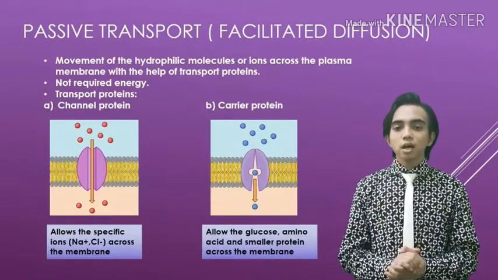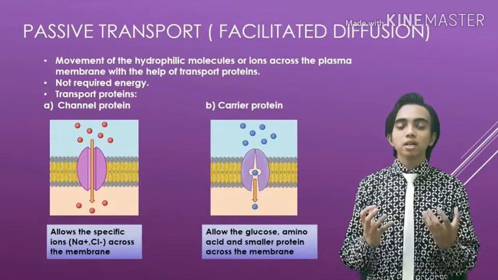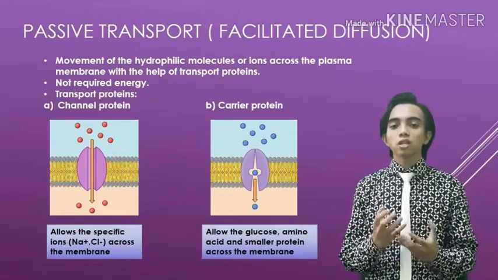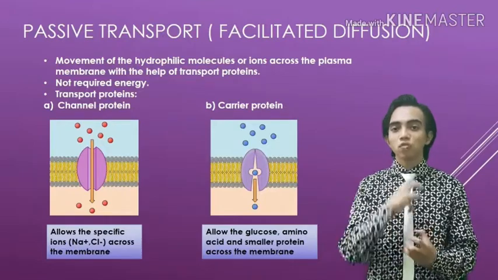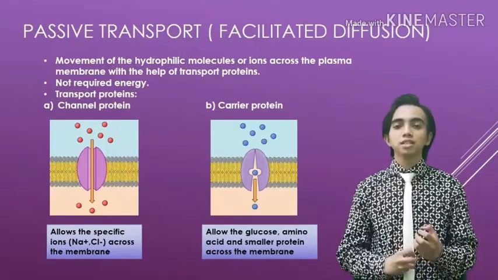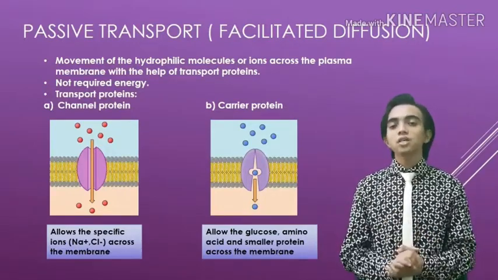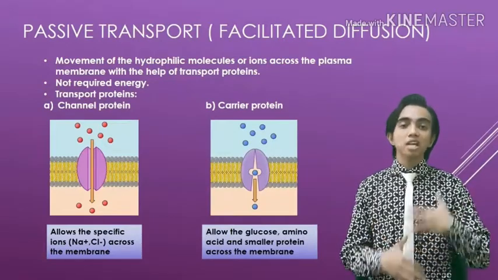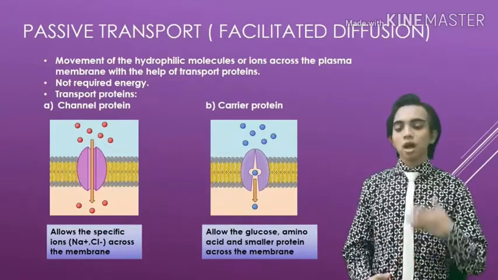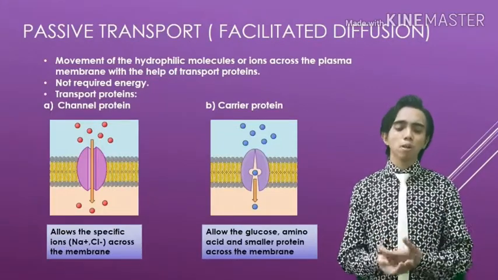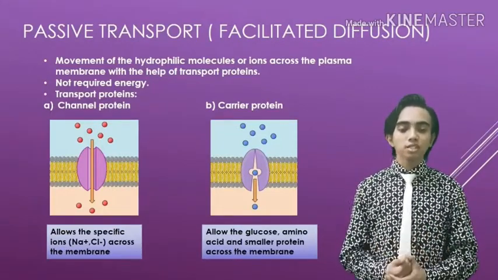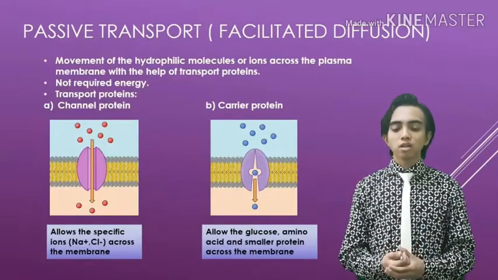It will deliver the molecules or ions across the cell by carrying the molecule from outside into the inside of the cell, which allows larger molecules such as glucose, amino acids, and also other smaller proteins to cross this membrane.